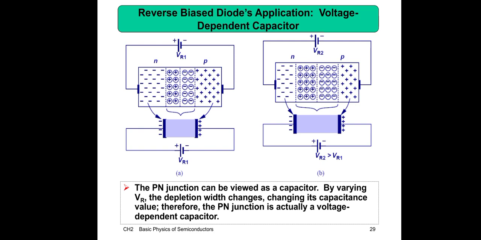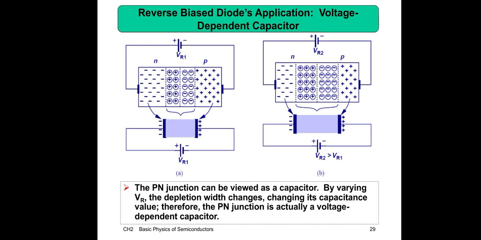When the diode is reverse biased, there is one application which is voltage dependent capacitor. The p-n junction can be viewed as a capacitor by varying VR. The depletion width changing changes the capacitance value. Therefore, the p-n junction is actually a voltage dependent capacitor. This is important. What is the use of p-n junction diode in reverse bias?